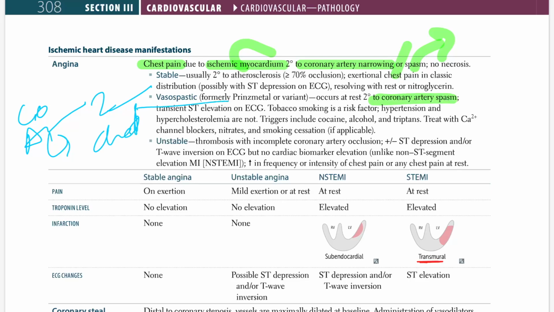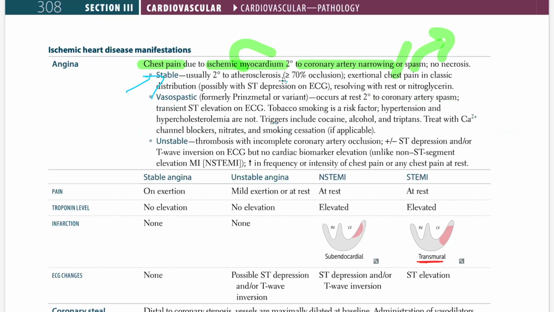So you think about vasospastic, and these triggers are very high yield: cocaine, alcohol, triptans, and also an increase in acetylcholine, which is an increase in vagal tone. So the whole treatment is all about trying to fix that spasm, giving CCBs, calcium channel blockers, nitrates, smoking cessation, all of that. Okay, so that's all about vasospastic.